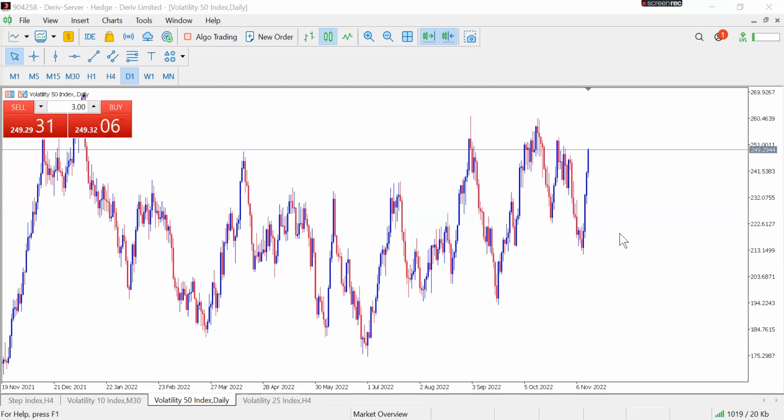Okay, so you can see we are on a daily time frame, as I mentioned before. And I want you to note something. As you guys know, right now I am interested in trading supply and demand.